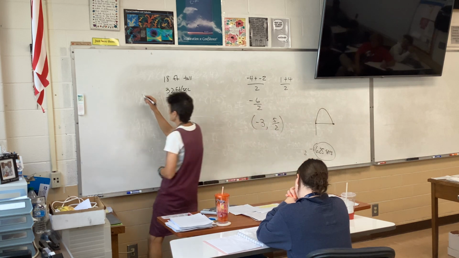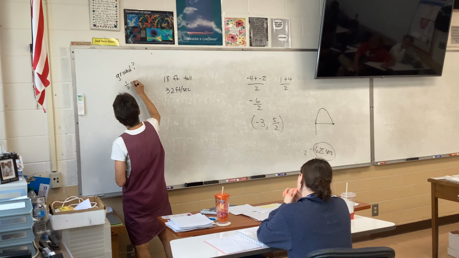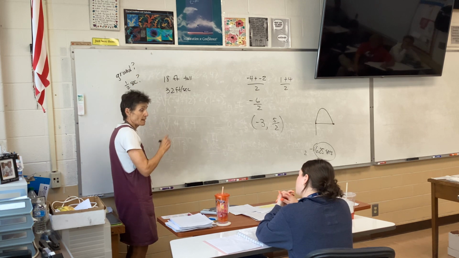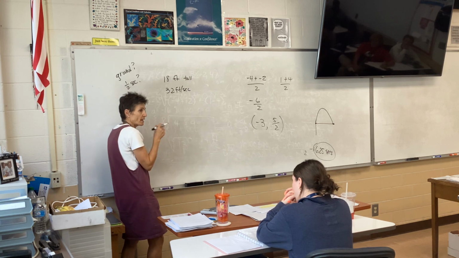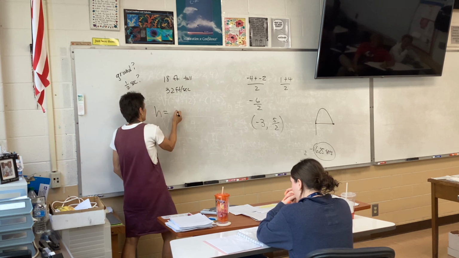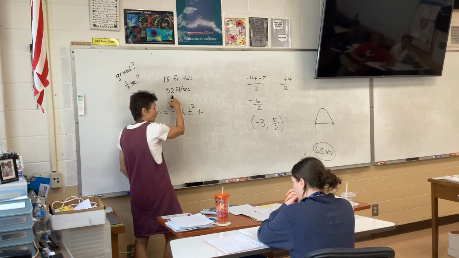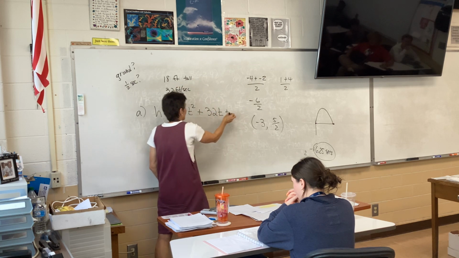Okay? So when is it on the ground, and how high after half a second? Okay, those are the two questions. So, step one, I'm gonna write my equation. So I'm calling it part A, because it's been part A in our practice. H equals negative 16t squared plus 32t plus 18.